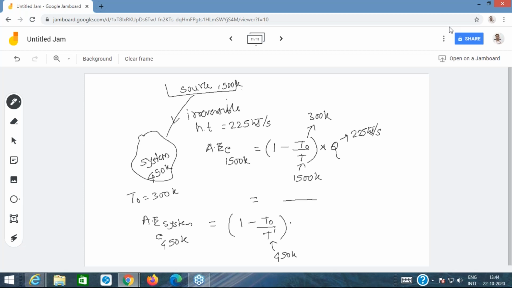And because there is no heat loss, the same amount of heat is being supplied to it. So that will give us the available energy of the system at 450 Kelvin.